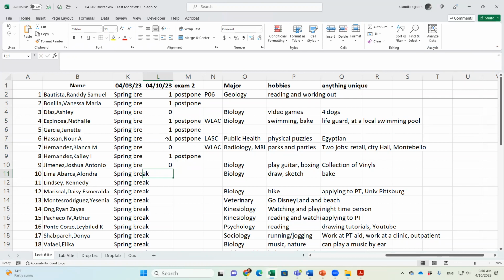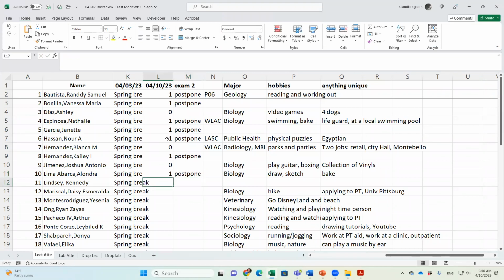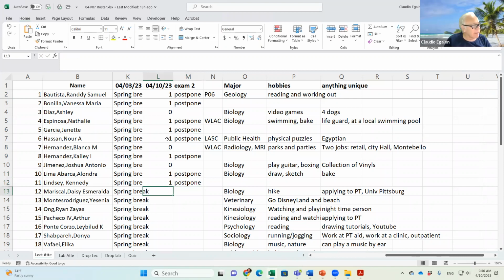Present. Do you want to postpone it, Alondra? Yes, I would like to postpone it. Okay. Kennedy. Yes, I'm here. Do you want to postpone it? I agree. Okay, good. Daisy? Yes, doesn't matter to me. Okay, I'll put blank here.